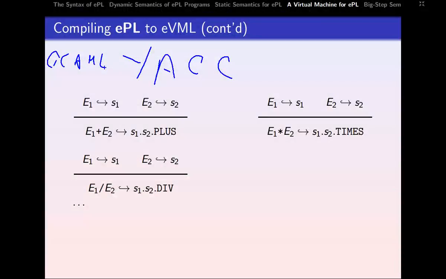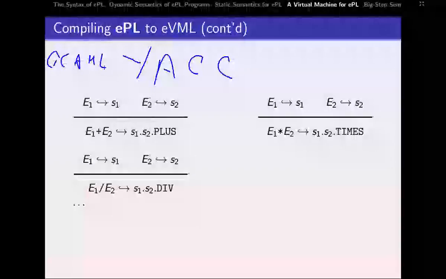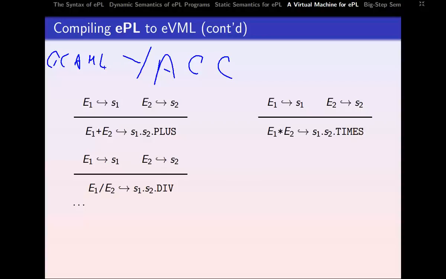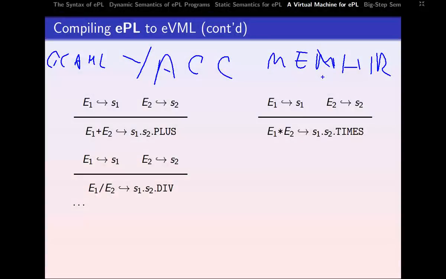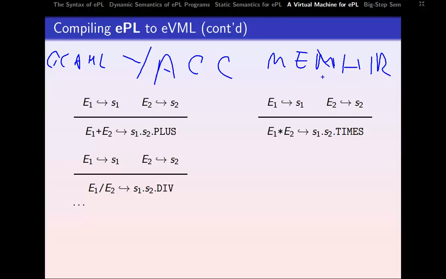Pardon? Menhir. Menhir. Never heard of it. For OCaml as well. Oh, for OCaml. So it must be a new thing. I see. All right.